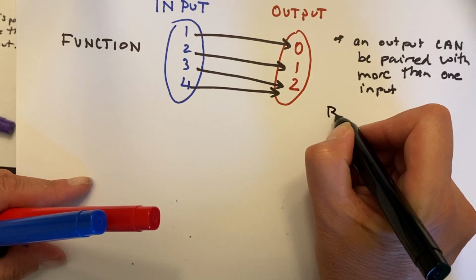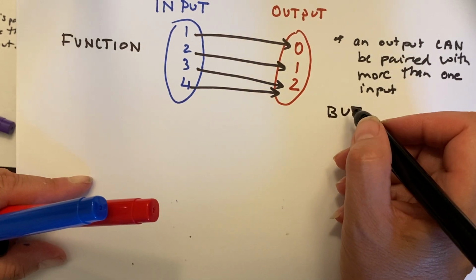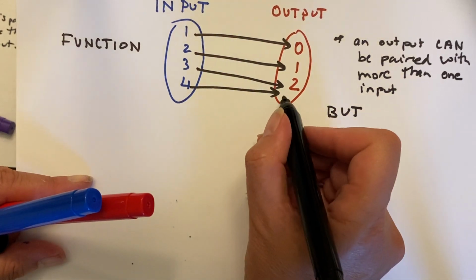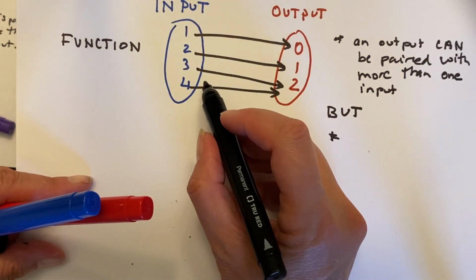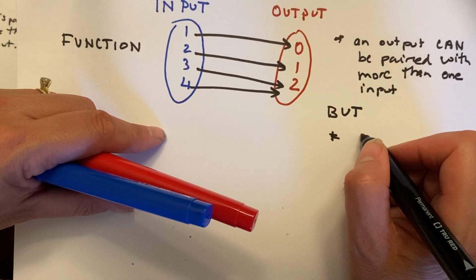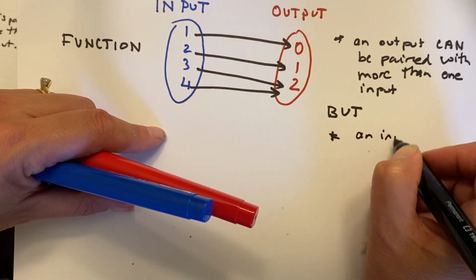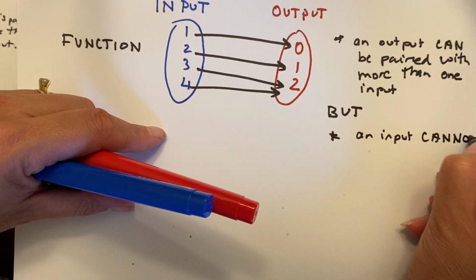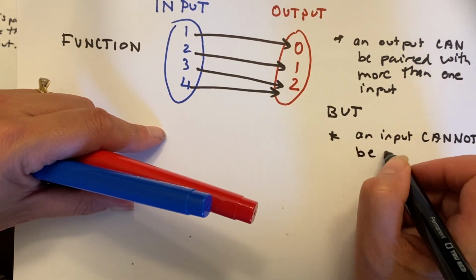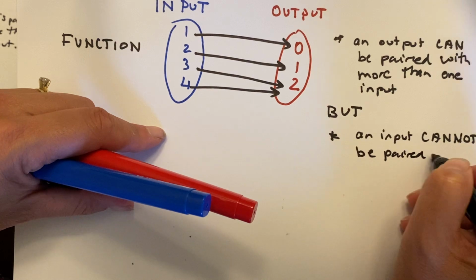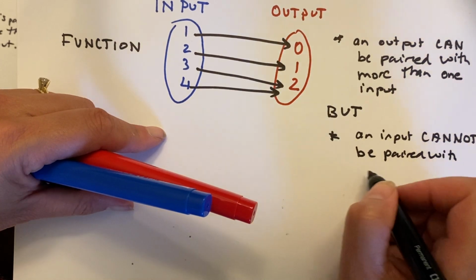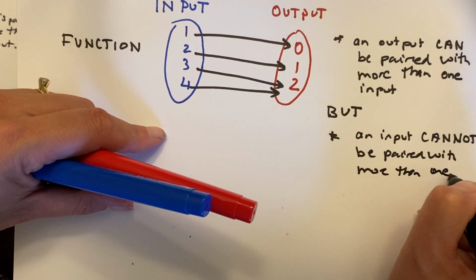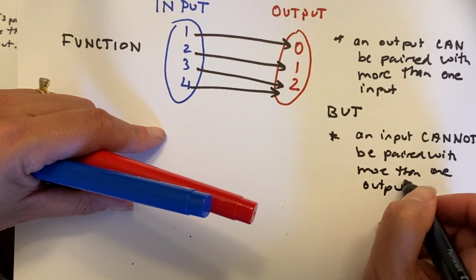But the reverse is not true. In other words, an input cannot be paired with more than one output.